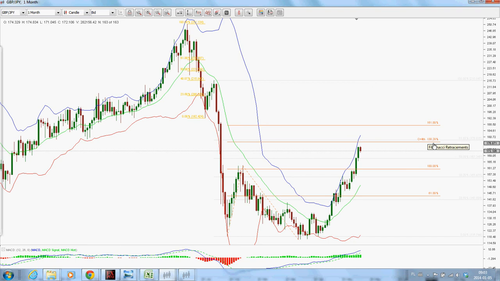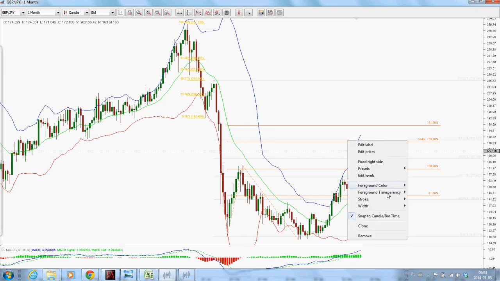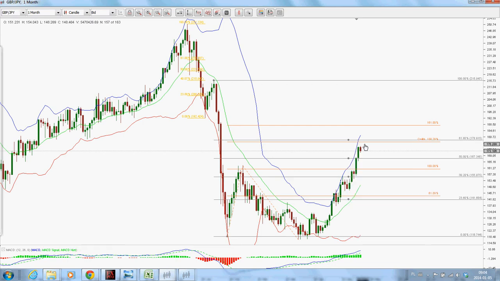But it's one of those levels, and what is very nice about this platform, as I said, is that you can set the transparency levels, and this would be either more visible or less visible. Okay, 61.8, and the second wave ended below 50%.